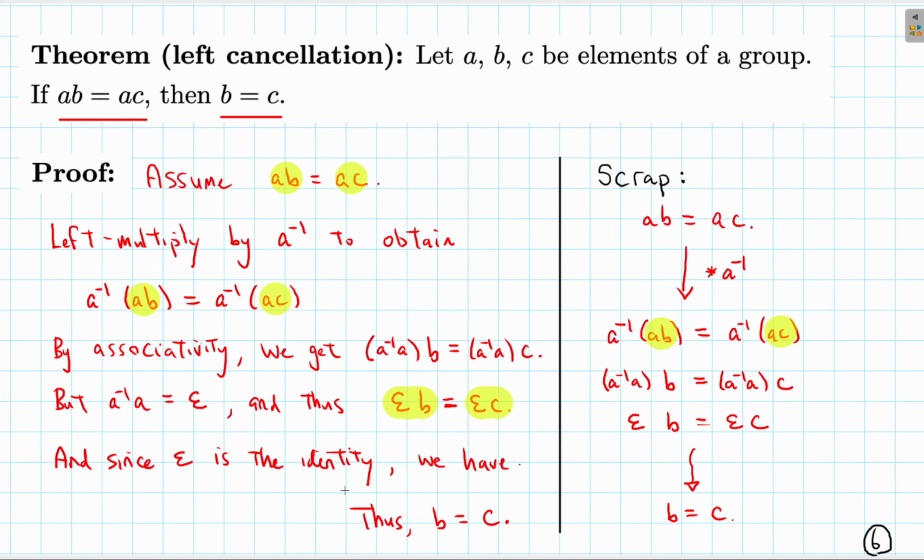So since epsilon is the identity, we have epsilon times B is just B, and epsilon times C is equal to C. And thus, this equation here becomes B equals C, and that's what we wanted to prove.